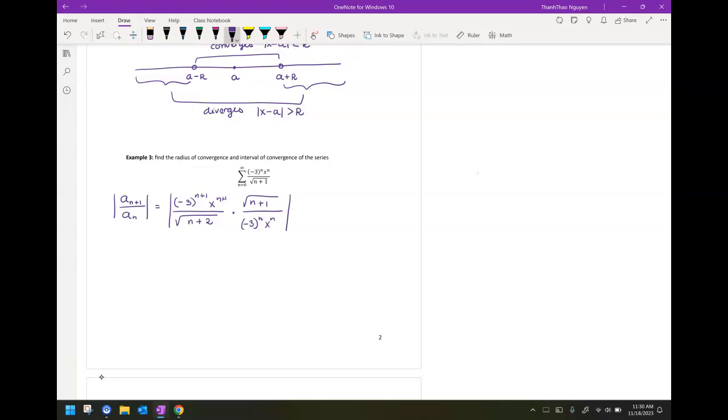Okay. This simplifies to negative 3x times the square root of n plus 1 divided by n plus 2.